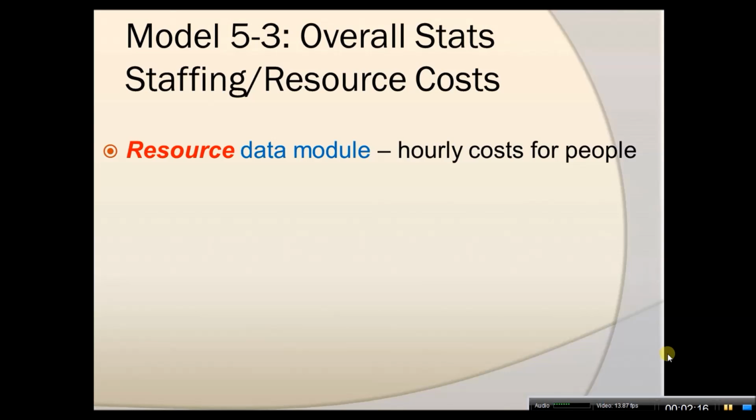Again, in the resource data module, we already entered some hourly costs for some of the people, and we also need to make sure that we added those for some other resources. So we need to check whether we entered the $20 per hour salary cost for the sales staffers.